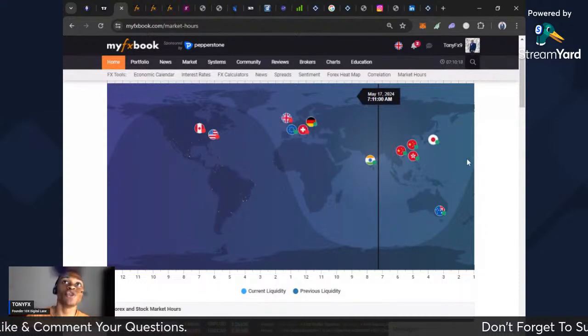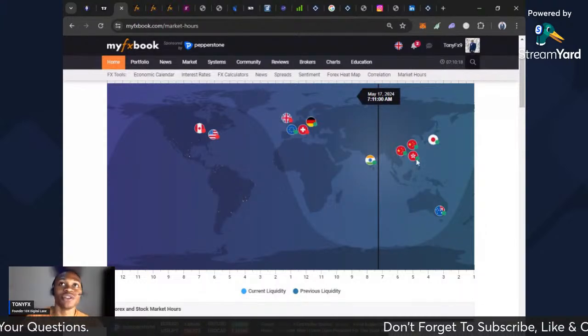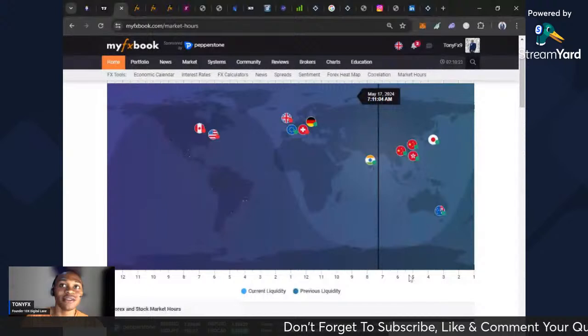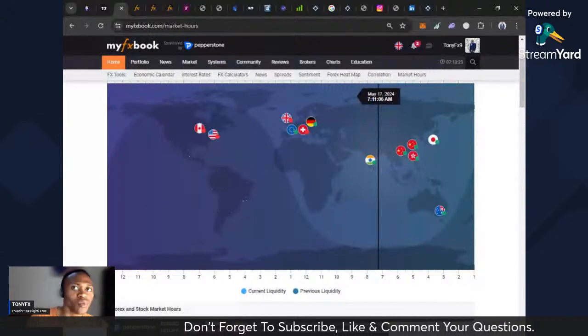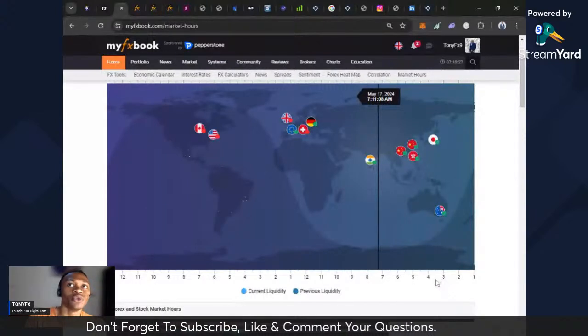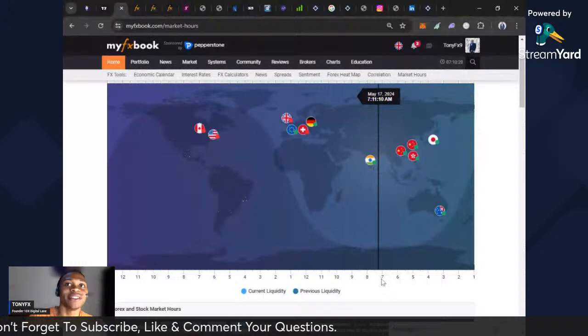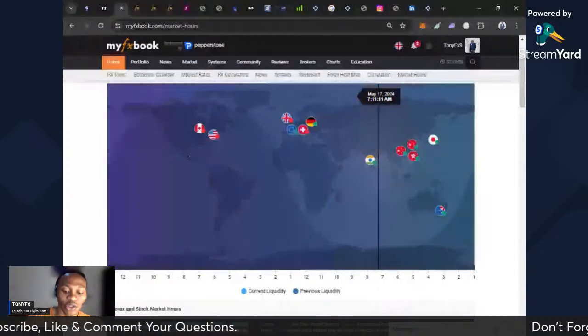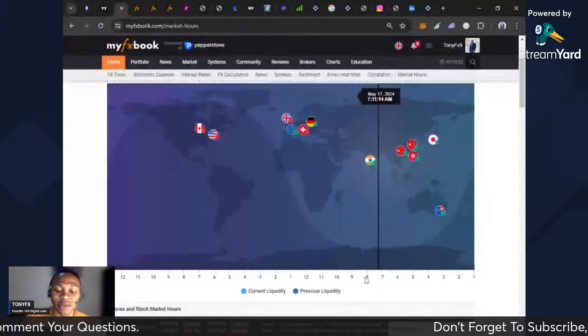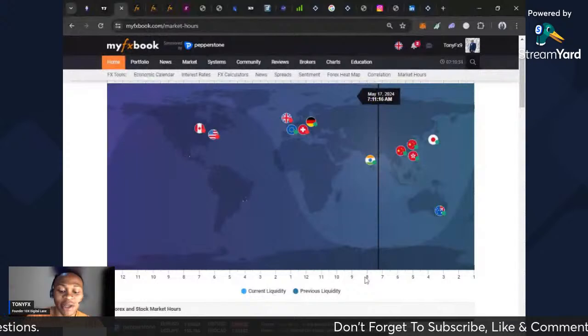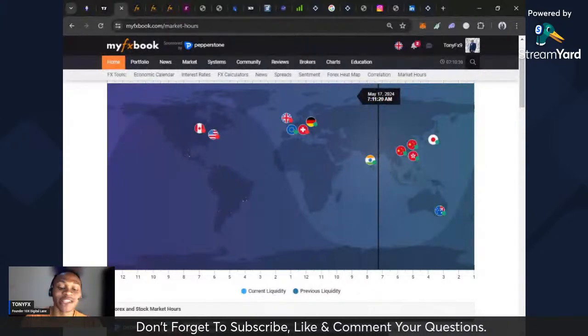It is coming from this direction. This current hour, if you look below here, we have 1 o'clock, 2, 3, 4, 5, 6, 7, 7 o'clock, heading to 8 o'clock, and we have an announcement by 8:20.